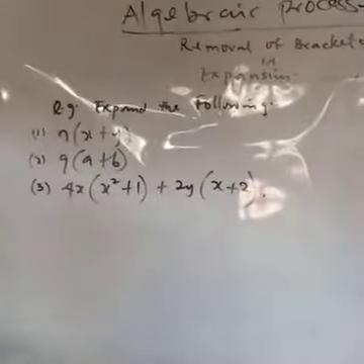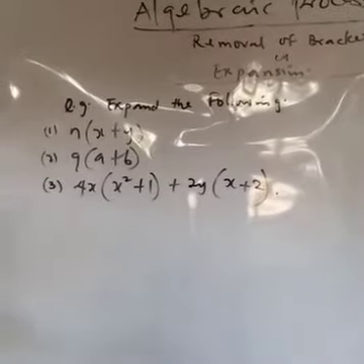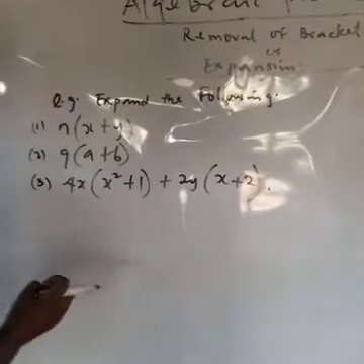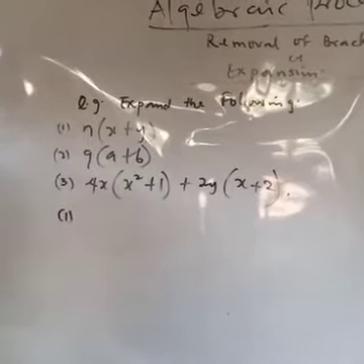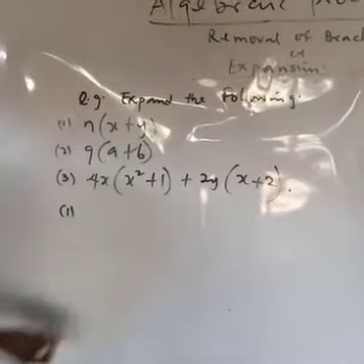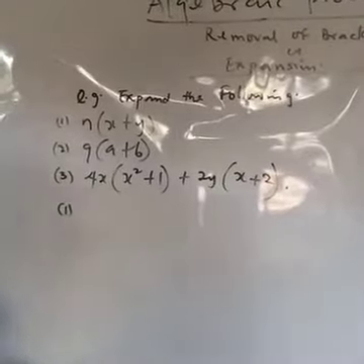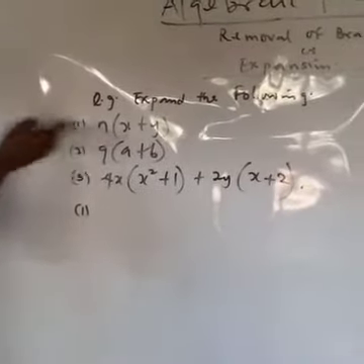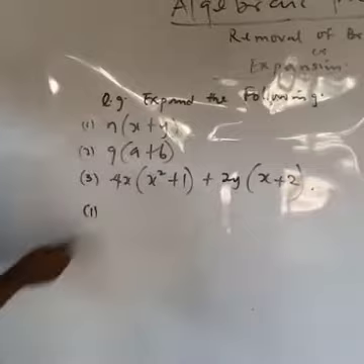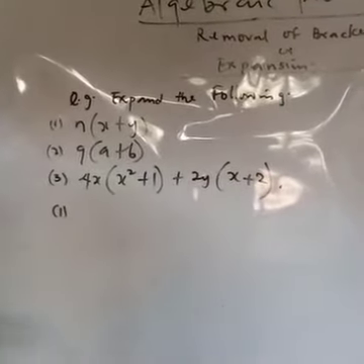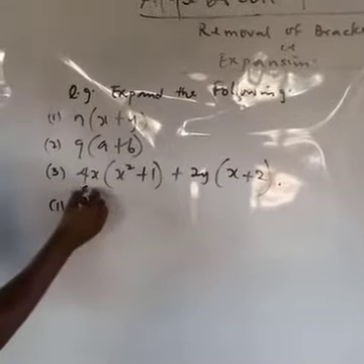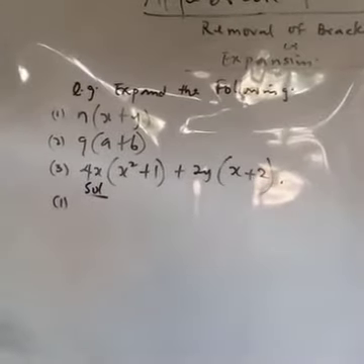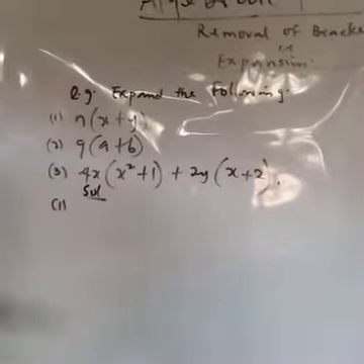Now, how do we remove brackets? How do we expand our algebraic process? Now, solution to number 1. All you need to do, at the end of the day, you will discover that this bracket will go by the time we perform our operation. How do we do this? n in bracket of x plus y.